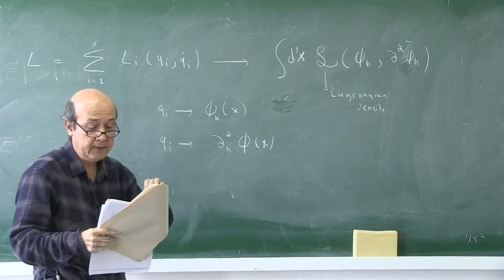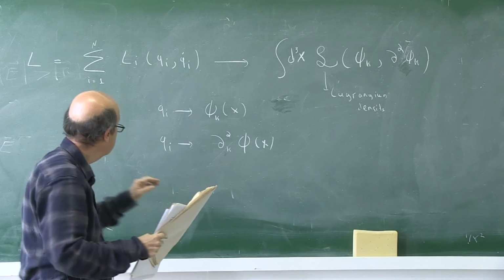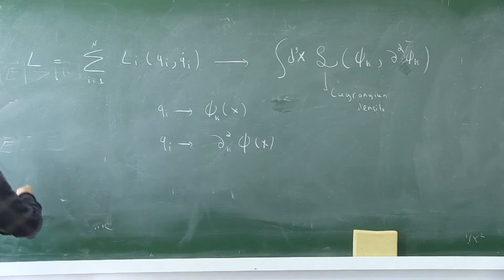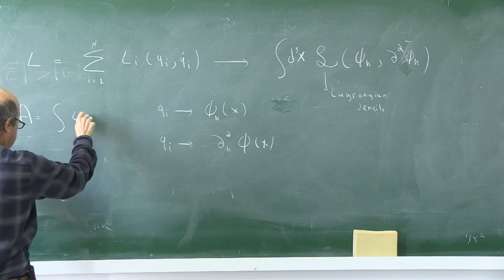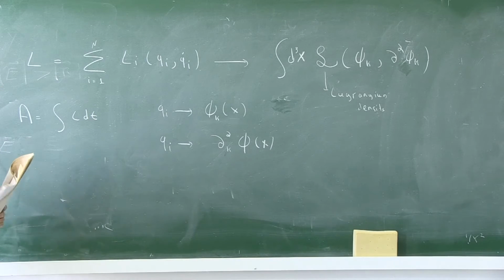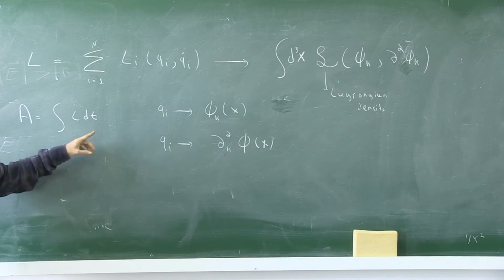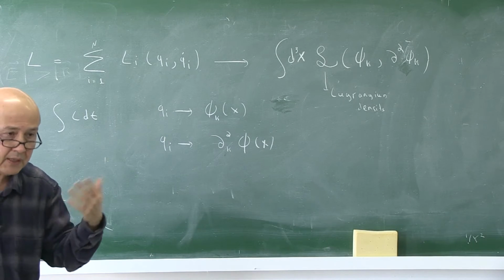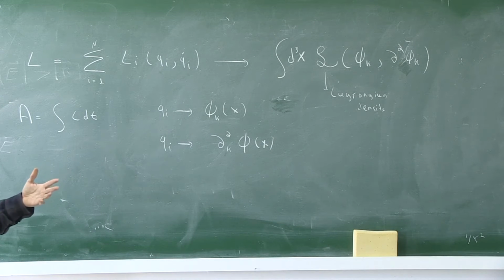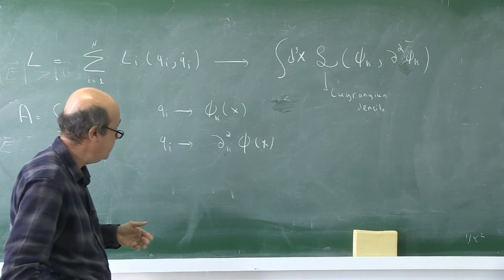Then how do we define the action? What was the action here? Action was L dt. dt wasn't constant, dt was changing from frame to frame. Then we write this in terms of proper time as gamma d tau, and we define the Lagrangian in that case.